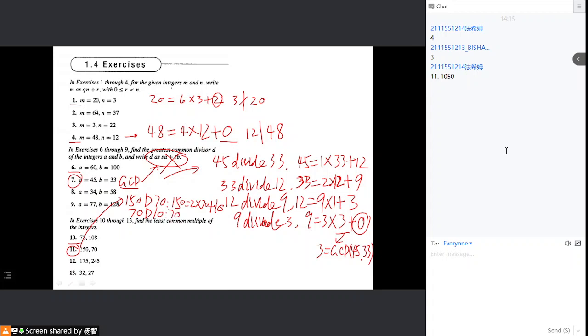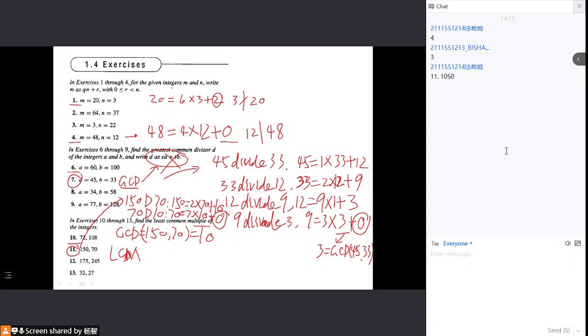And 70 can be expressed as 7 multiplied by 10. And the remainder is 0. So the GCD is equal to what? 10. Only 10.